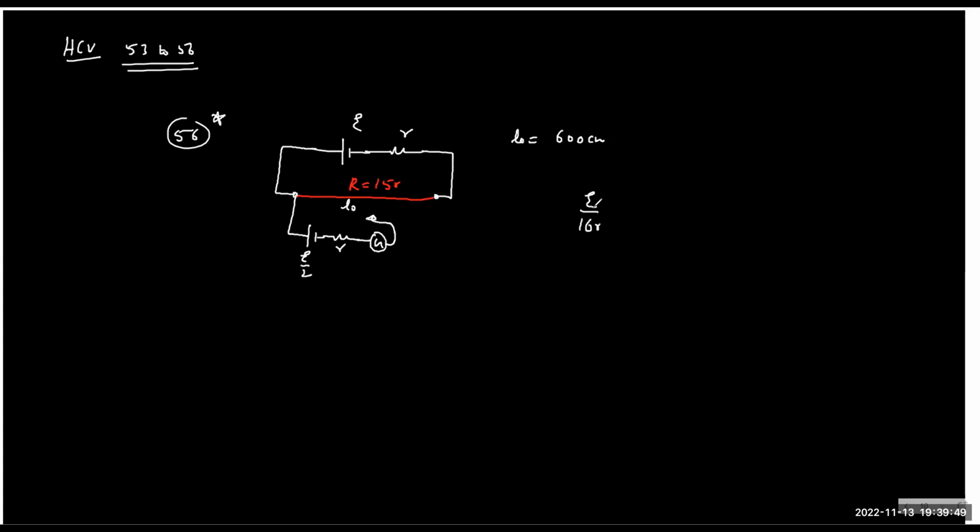We need to find that null point, so take X. The resistance will be X by 600 into 15R. So I into R equals E by 2.